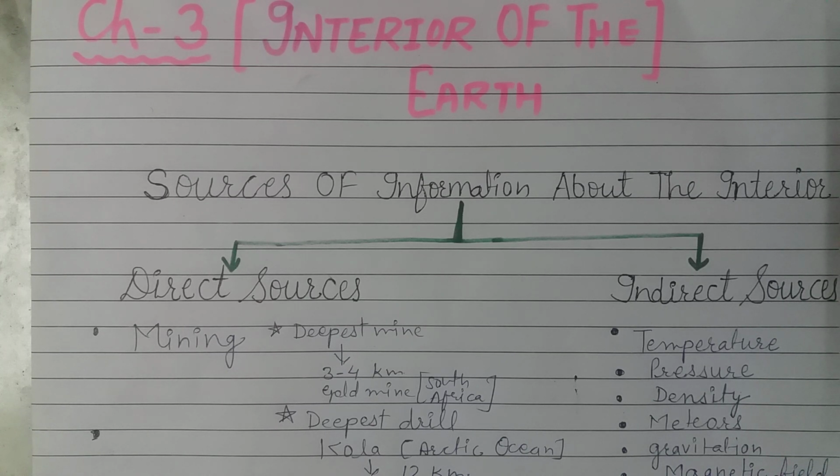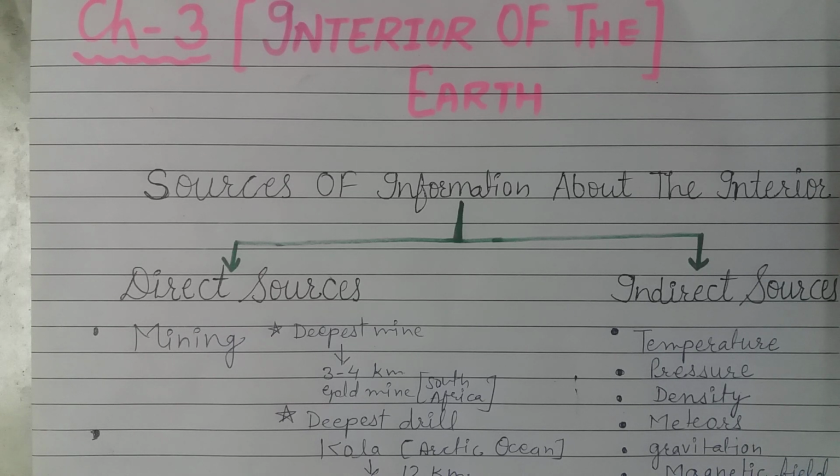Due to the heat in the interior, it is very difficult to reach the center of the Earth, make observations and collect samples of the material. So under such conditions, it is very difficult to get data about the different materials or aspects of the interior of the Earth.